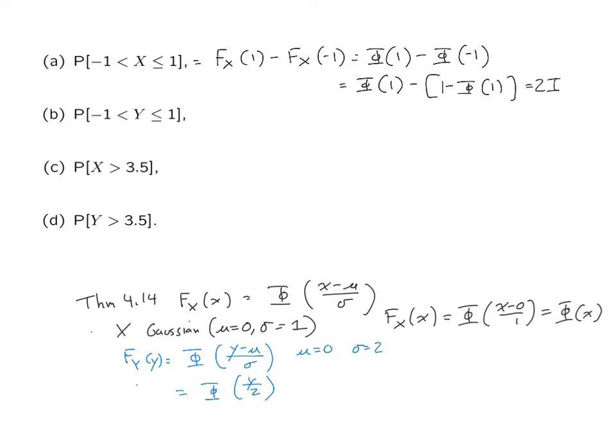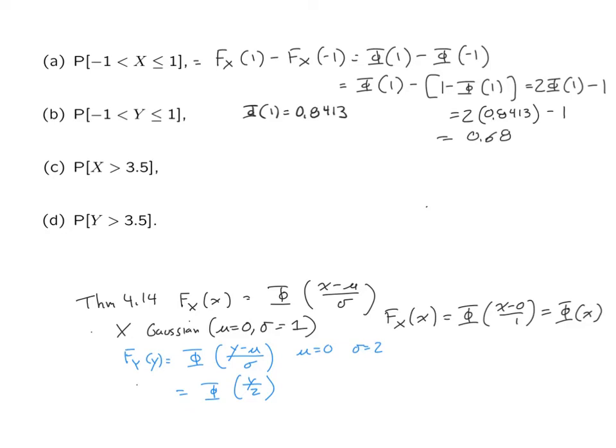And so we get 2 phi of 1 minus 1. If you go check the table, you'll see that phi of 1 is equal to 0.8413. And so our result is 2 times 0.8413 minus 1, which is approximately 0.68. Since x has standard deviation 1, this 0.68 is special. It's equal to the probability that x is within 1 standard deviation of its expected value.